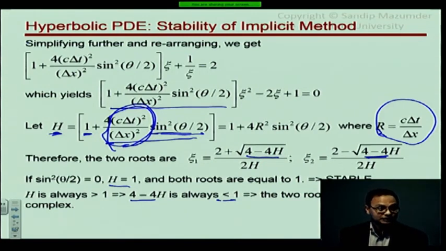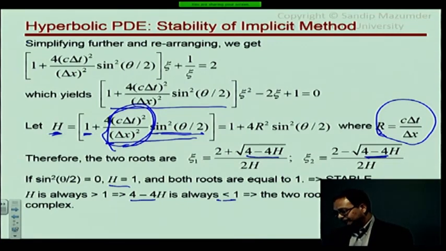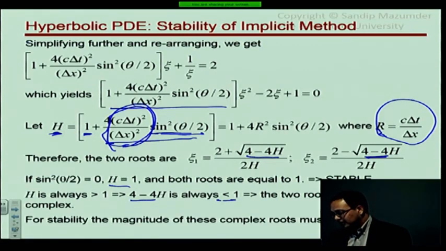That's always a negative quantity. So what does that mean? That means the two roots are always complex. So for any other value of sine squared theta over 2, the roots are always complex. For 0, h is exactly equal to 1, and xi1 and xi2 are exactly equal to 1. But for any other value, they're complex roots. And for stability, the magnitude of these complex roots must be less than 1.